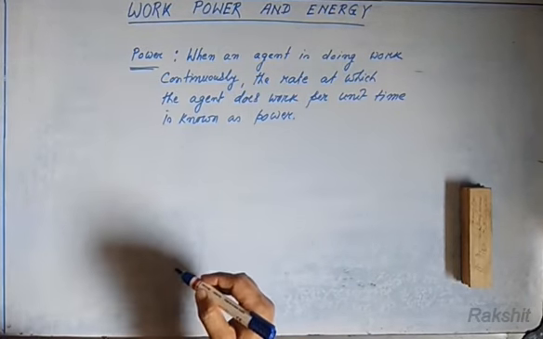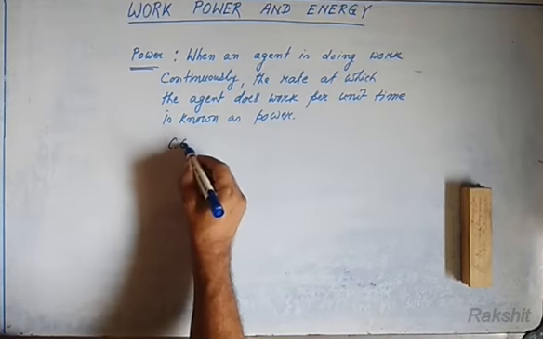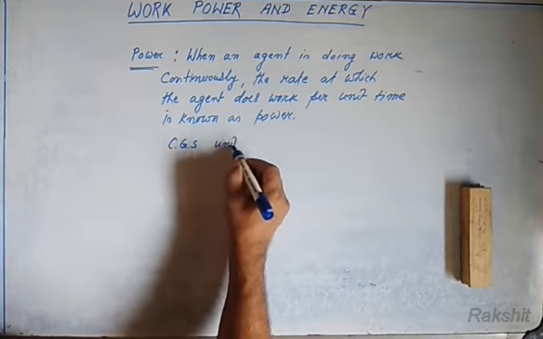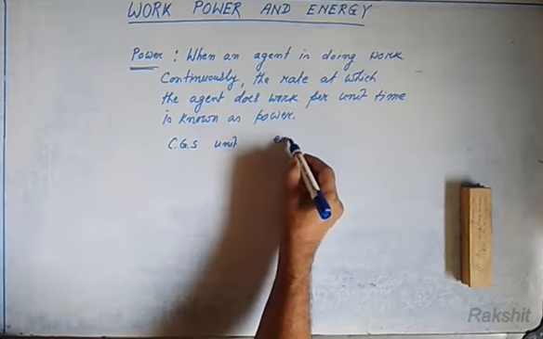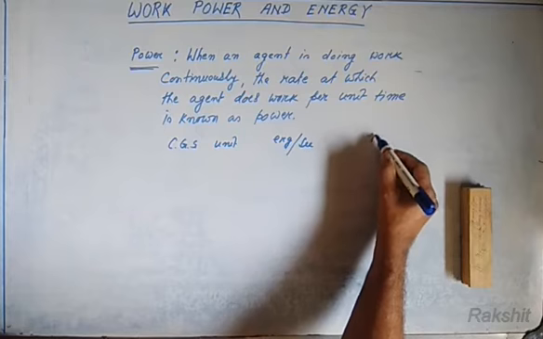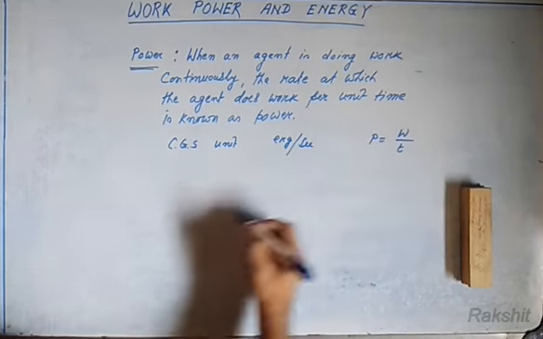Now, the CGS unit of power is erg per second, as power is equal to work by time, so unit of work by unit of time.